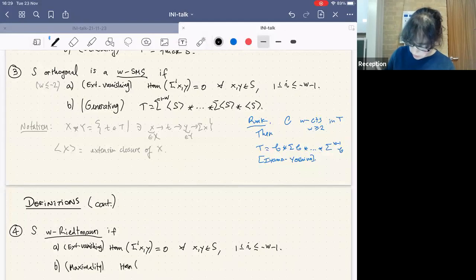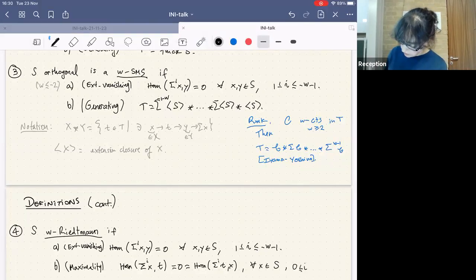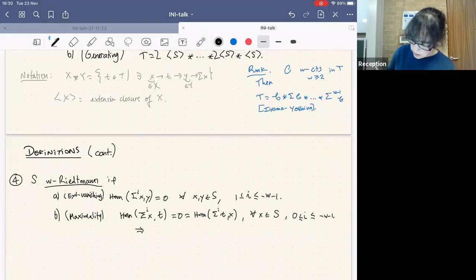So here we have, if you have an object in the category T for which this negative extension vanishes, so Hom(X, shift^i S) equals 0 for S in S, and this i between 0 and -W-1, then this object is 0.